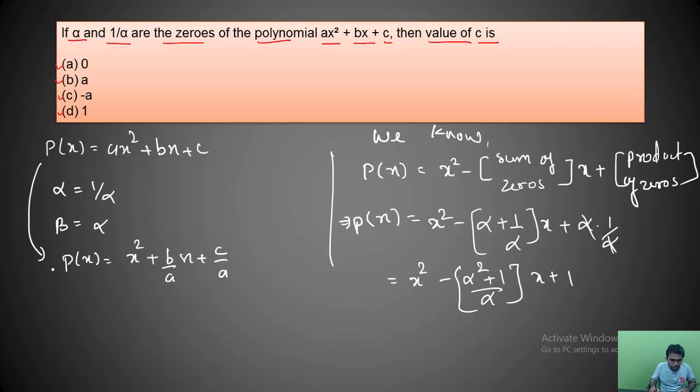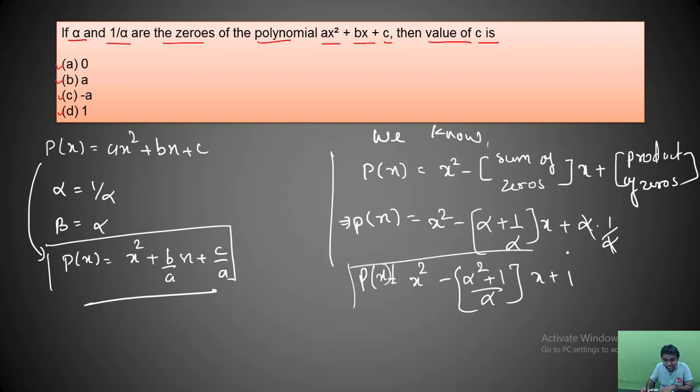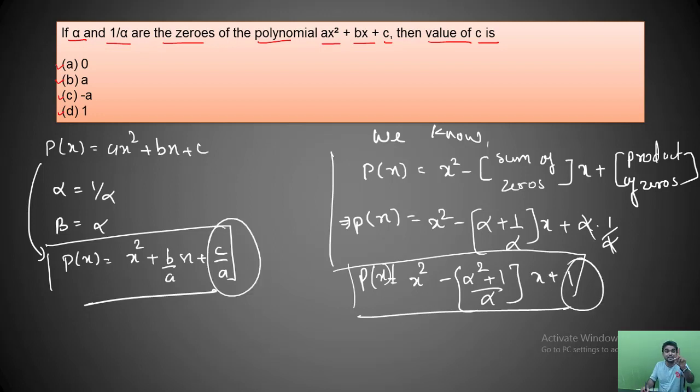Now learners, you have to compare this equation with the standard equation, because you have to find the value of c, right? If we compare these equations, what we have is c by a and 1. So by comparing, I have c by a equal to 1. This gives me c is equal to a.